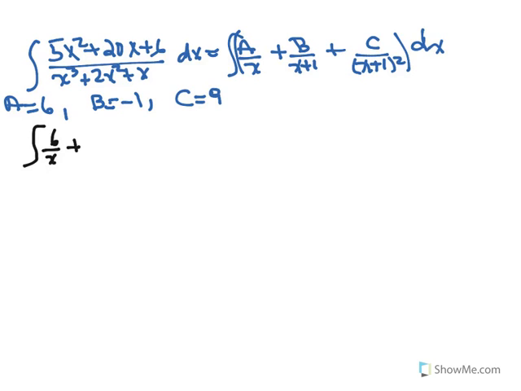So I may as well erase that plus, so it's going to be minus, right? 1 divided by x plus 1, and c is 9 divided by x plus 1 squared. Dx. Okay?